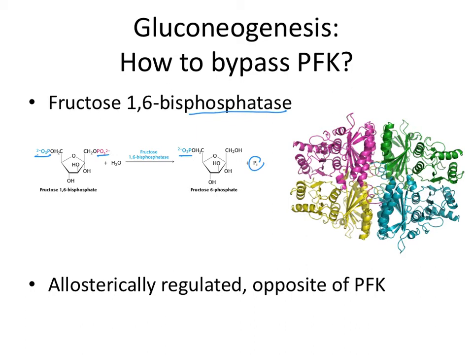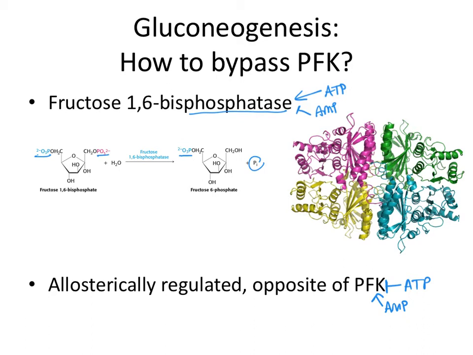That is, where ATP inhibits phosphofructokinase, ATP will activate fructose 1,6-bisphosphatase, and AMP will activate phosphofructokinase, but AMP will inhibit fructose 1,6-bisphosphatase.